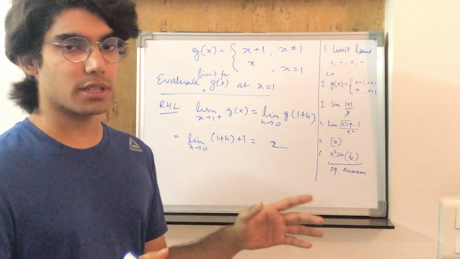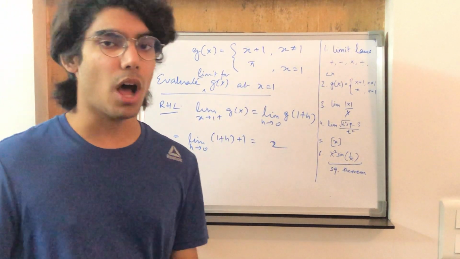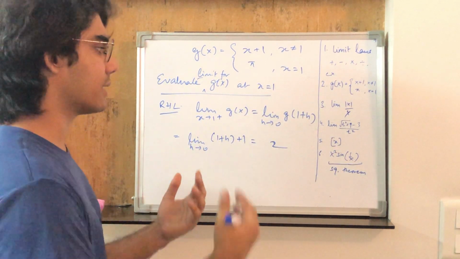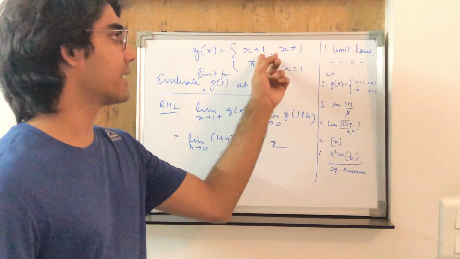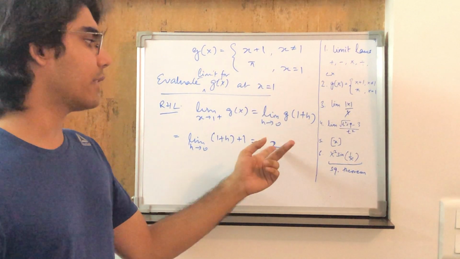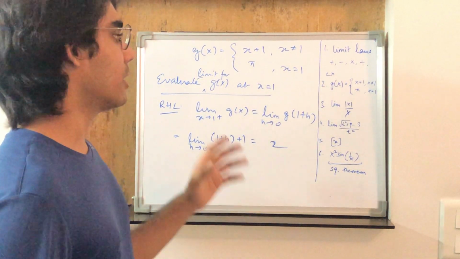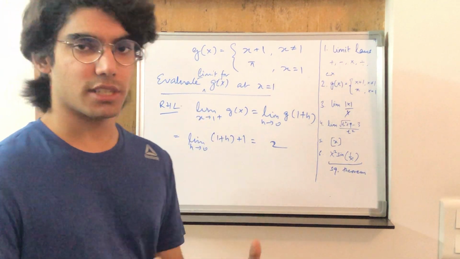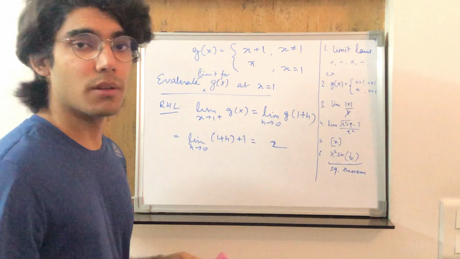That's not what we're discussing, because at x equal to 1, it's going to be pi. However, when x is approaching 1 from the left-hand side and from the right-hand side, the value that the function is going to take is x plus 1. That's why the value that we're getting is 2. However, since the left-hand limit and the right-hand limit are the same, we can say that the limit does exist for this function, and it's going to be 2, right?